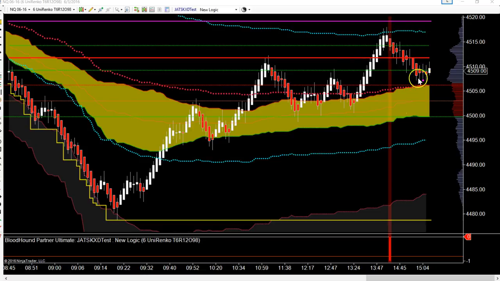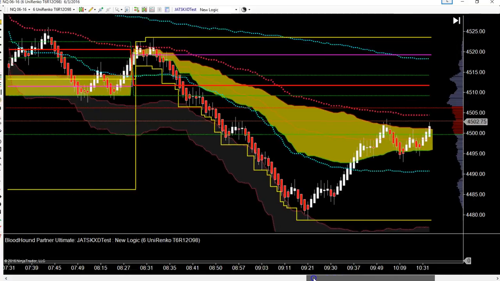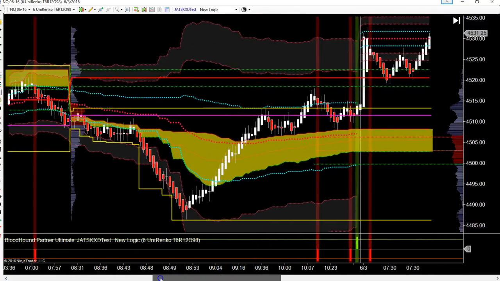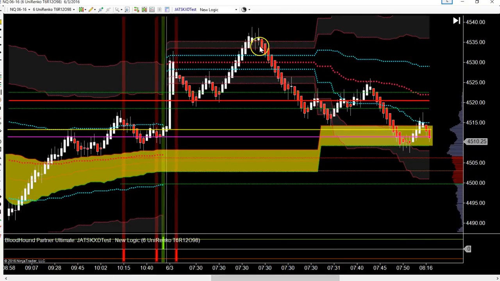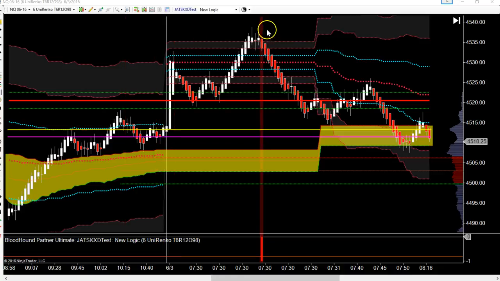This can be applied, of course, to any level. This is the upper VWAP level. If you want to trade a higher level, you just create that other upper level and take the trade on this level.